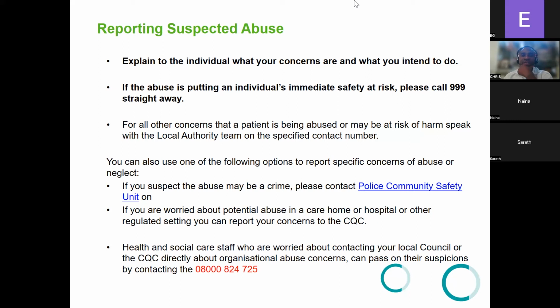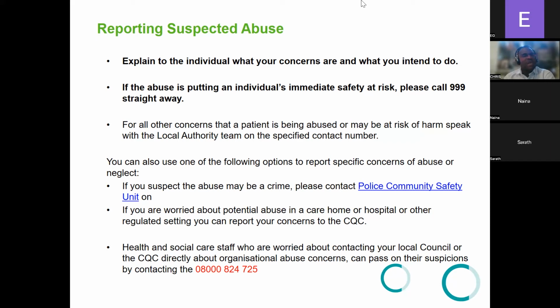So the first thing to do when an adult service user reports to you that they've been abused, or you suspect that they have been abused, is, number one, you explain to the individual what your concerns are.